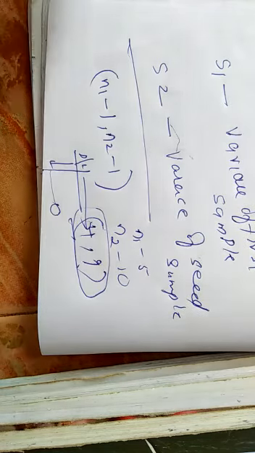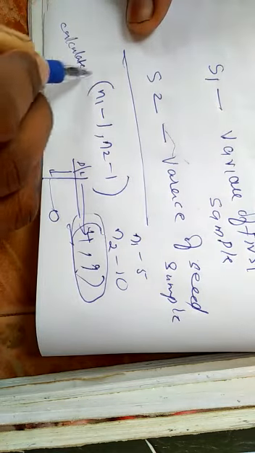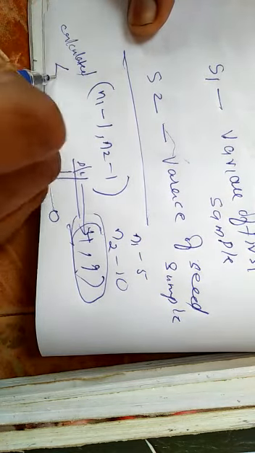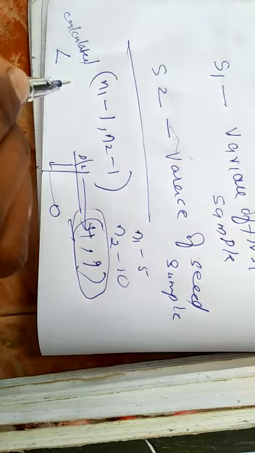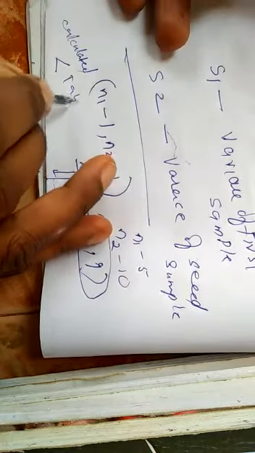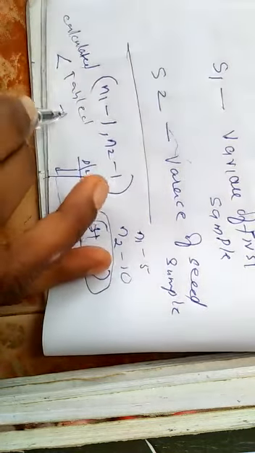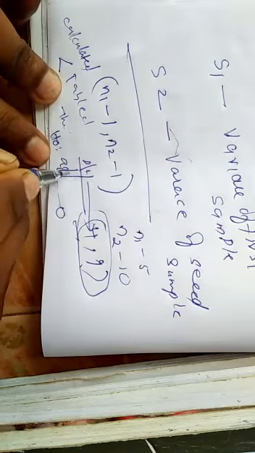Then if the calculated value is less than the tabled value, we conclude our hypothesis is accepted.